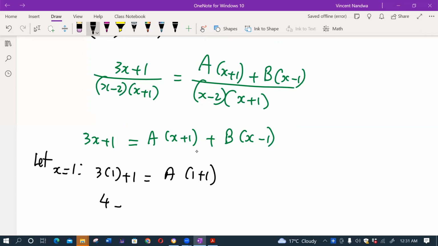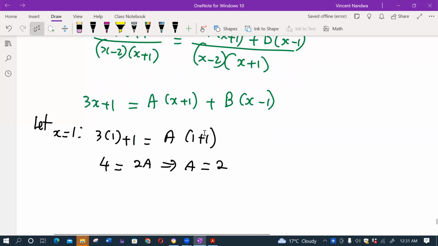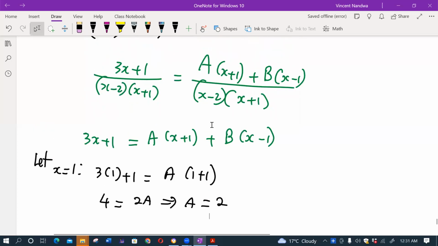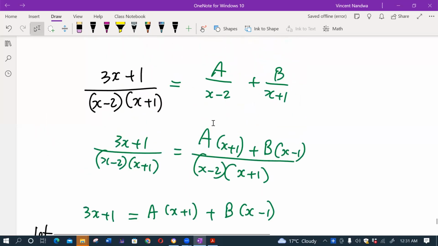So I'll have 4 equals 2a, which means a equals 2. So remember, this should have been x minus 2, x plus 1.